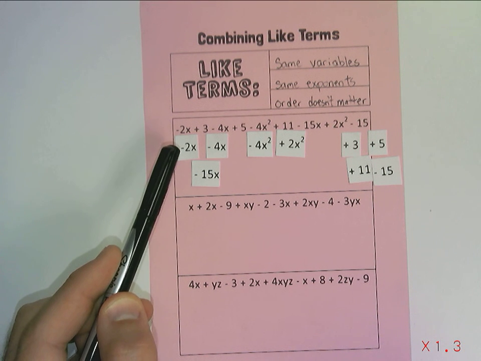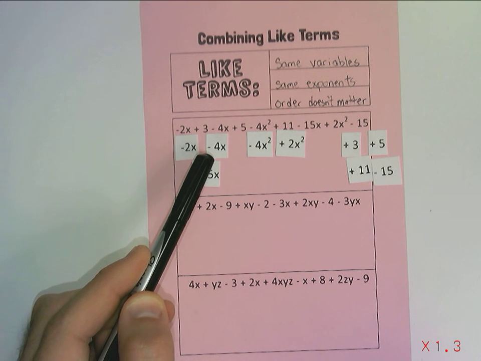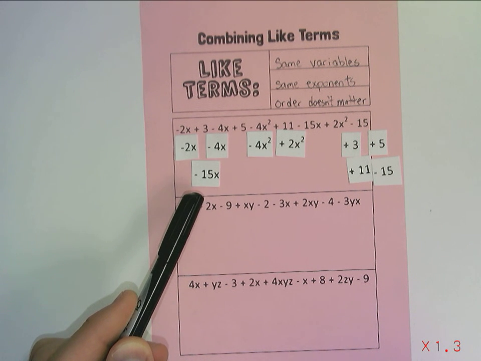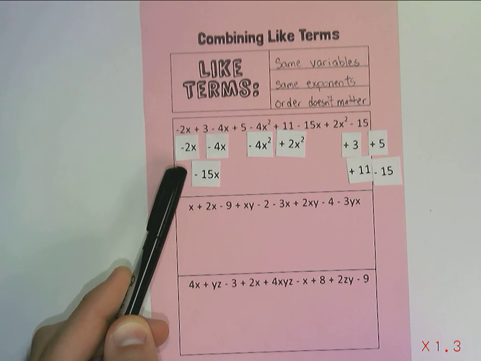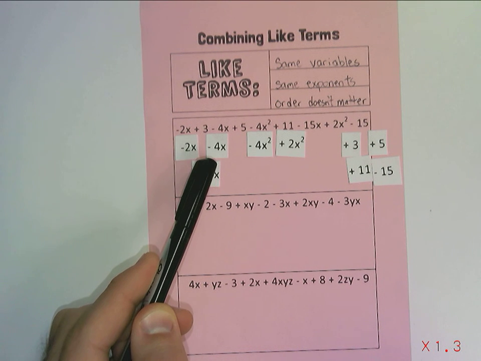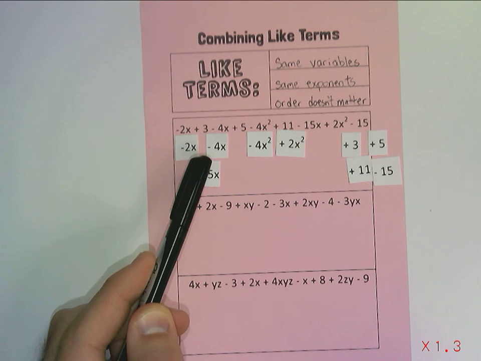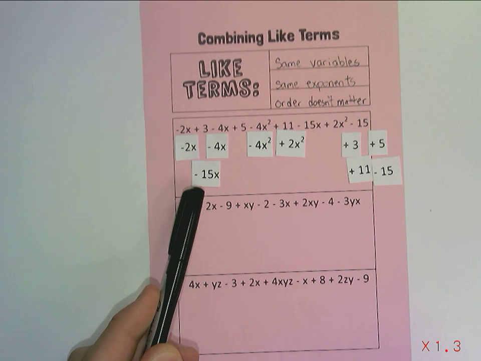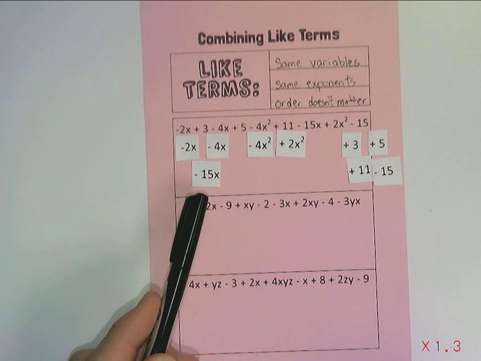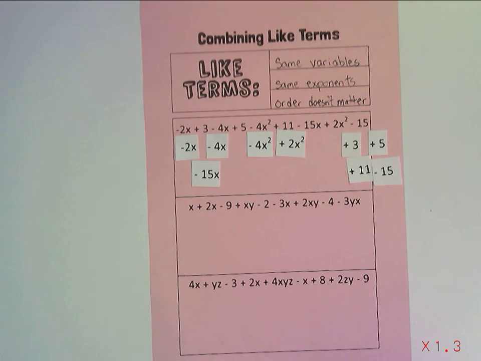So a negative 2x plus a negative 4x plus a negative 15x. So I have three negatives that I'm adding together, which should give me a bigger negative. So let's do negative 2 plus negative 4 first. Negative 2 plus negative 4 would give me a negative 6, and then plus a negative 15 would give me a negative 21.